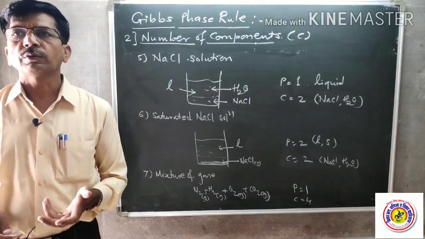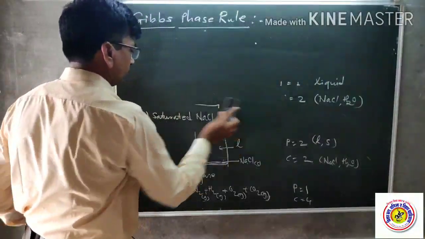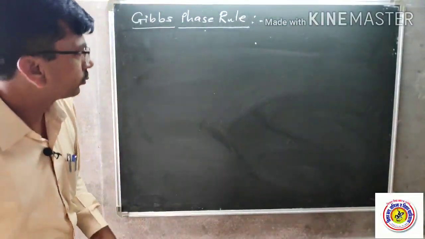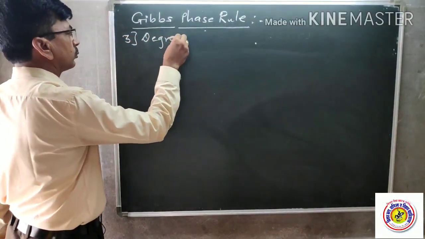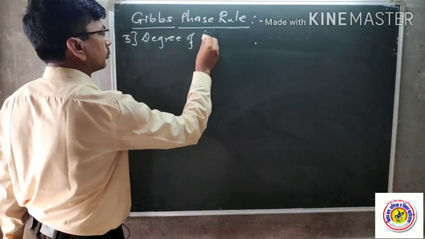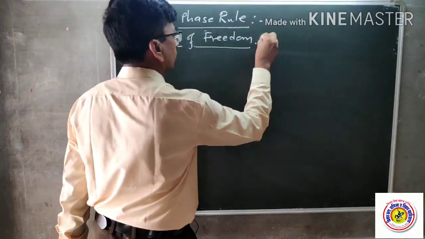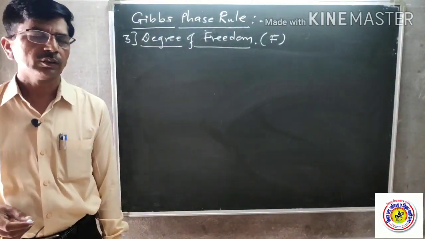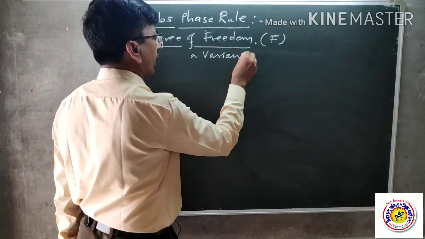Now we'll see how to calculate degree of freedom. Degree of freedom is represented by the symbol capital F. This is also called the variance of the system.